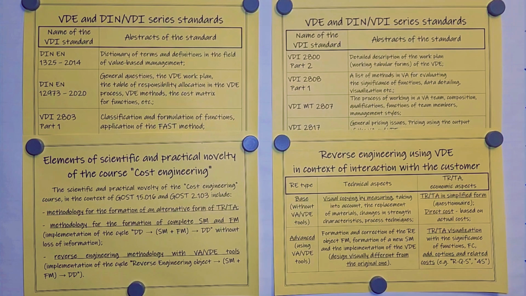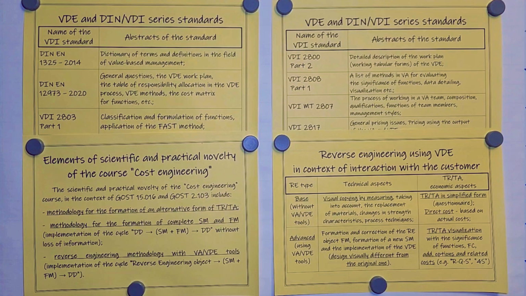The name of the next standard has a reference to the standard that we already discussed above, VDI 2803, Part 2, Value Analysis Work Plan according to the DIN 12973. Complicated name.